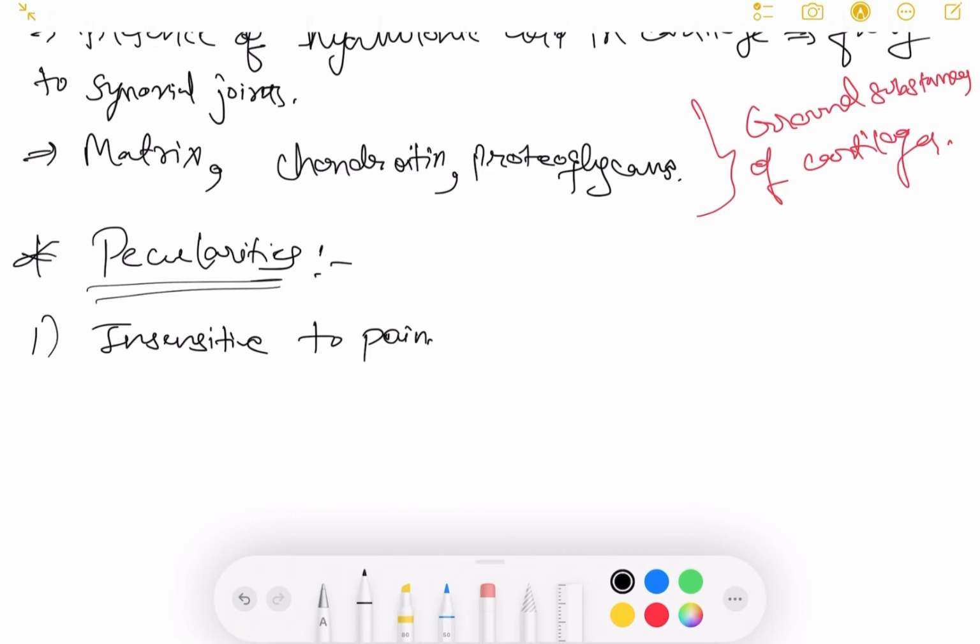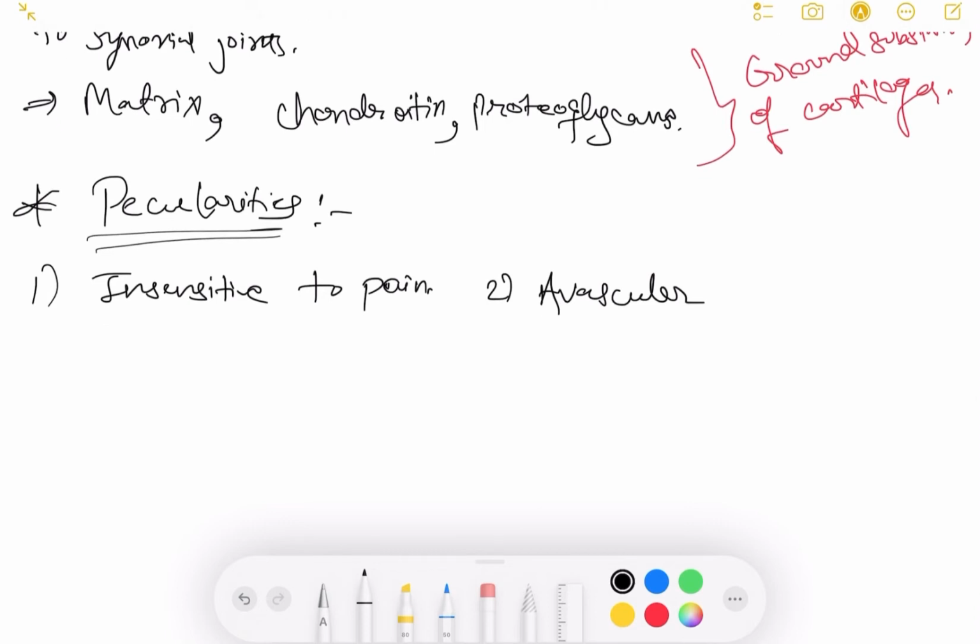Another is that it is avascular because it has no blood vessels. So it is the absence of nerves and absence of blood vessels. So these are two peculiarities, that is insensitive to pain and avascular.